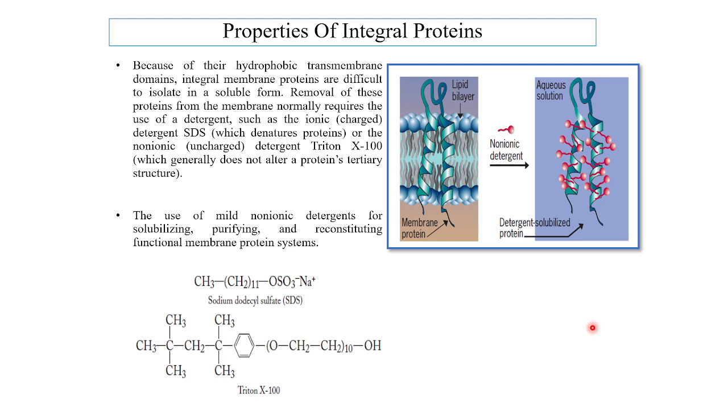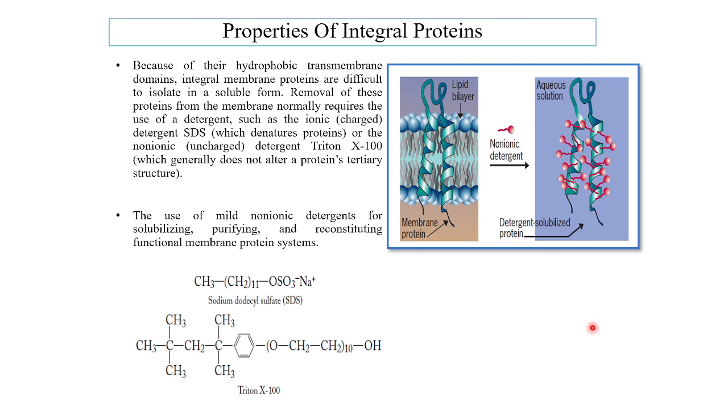For that you need different kinds of detergents, like ionic detergents, and some charged or uncharged detergents that play different roles in bringing your membrane proteins to the soluble fraction, or in increasing the solubility of these proteins.